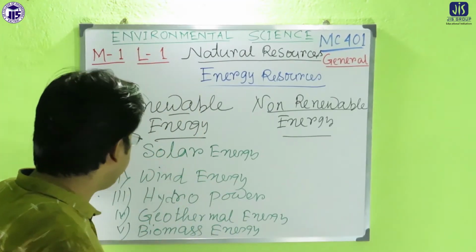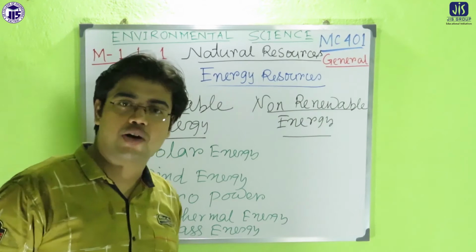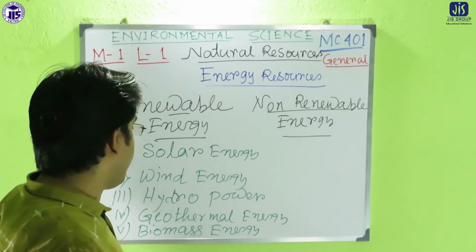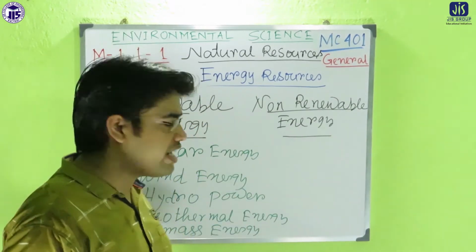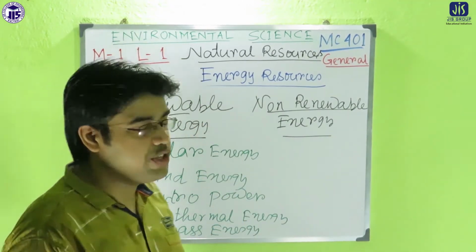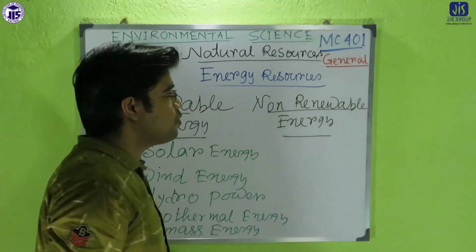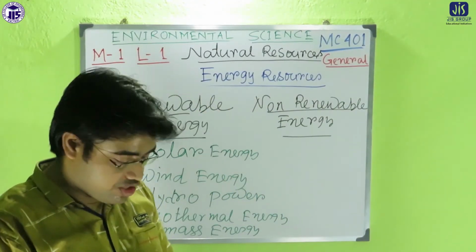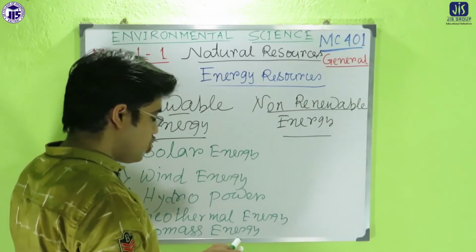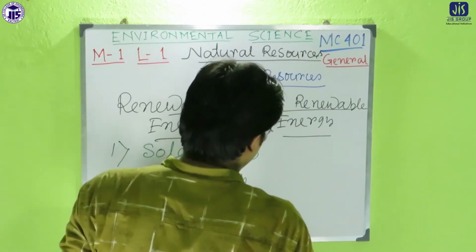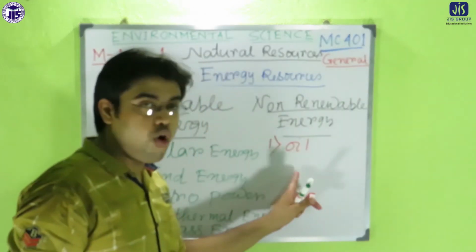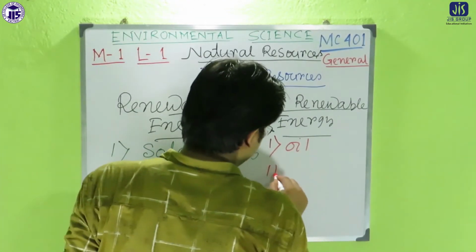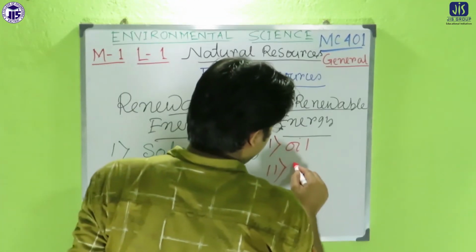So these are the different kinds of renewable energy: solar energy, wind energy, hydropower energy, geothermal energy, and the last one, biomass energy. Then we come to non-renewable energy. The first example of non-renewable energy is oil. The second is natural gas.